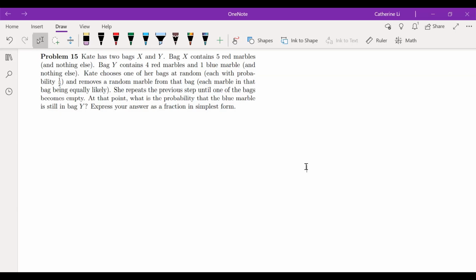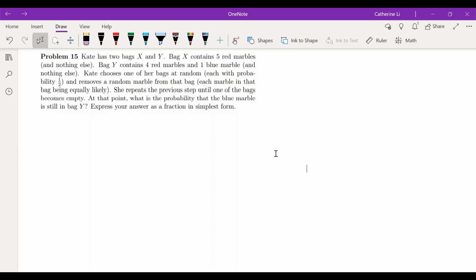We're choosing one of the bags each time at random and removing a random marble from that bag. If this person repeats this step until one of the bags is empty, what is the probability that the blue marble is still in bag Y?